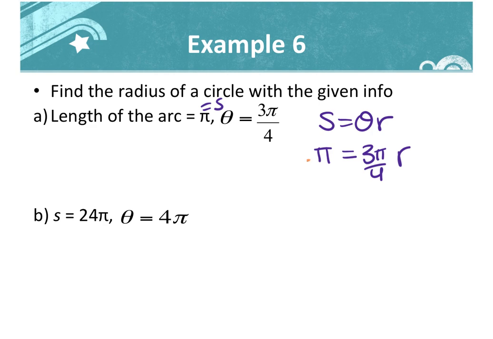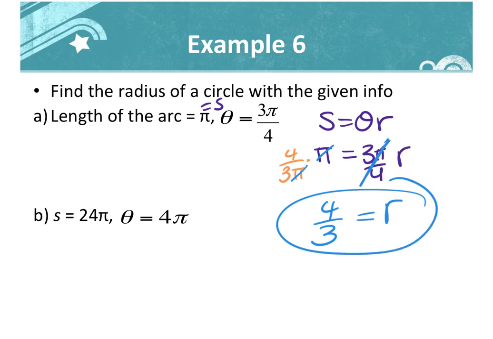I could do it all in one step, which is 4 over 3 pi. Or I could have done that in parts. I could have multiplied by 4, then divide by 3, then divide by pi. How you do that is fine. It's up to you. But the pi's cancel, and I end up with R equals 4/3. It didn't give me a unit, okay? It didn't say arc length was pi inches or centimeters. Otherwise, I would use that.